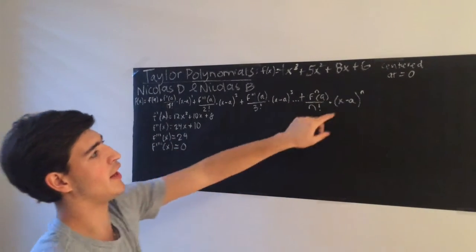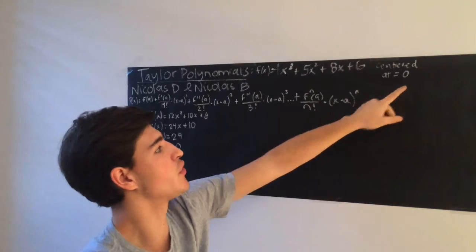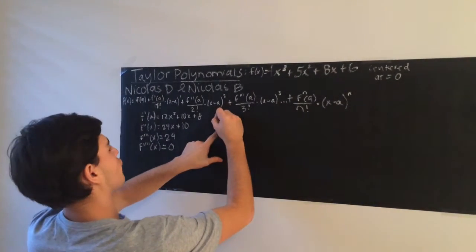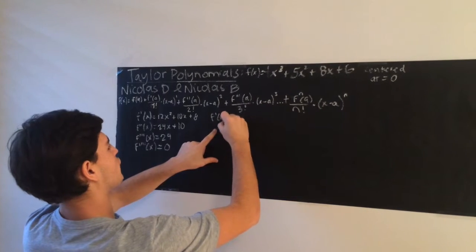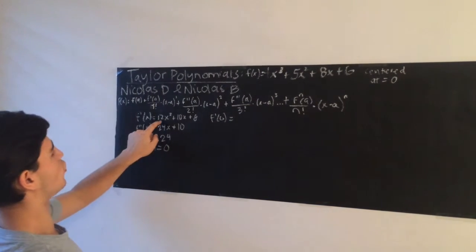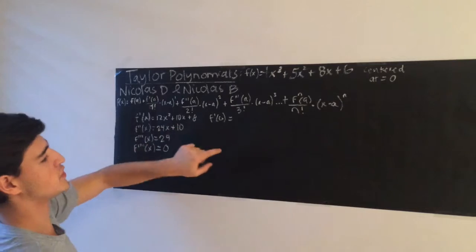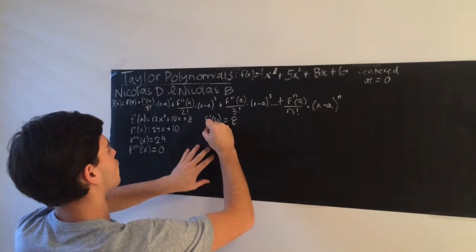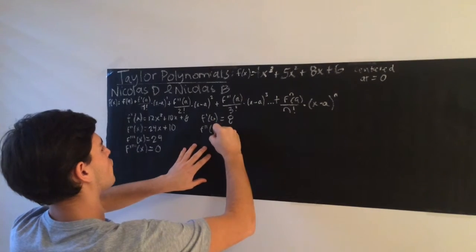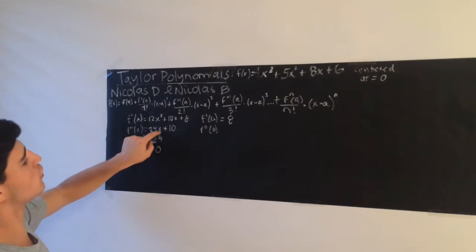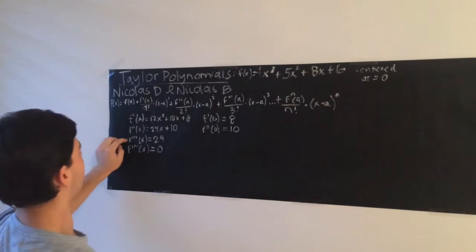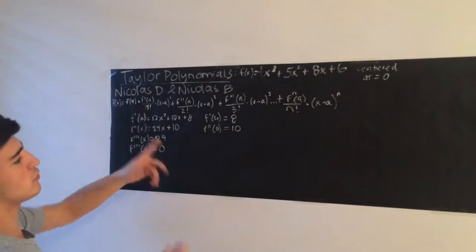Now we need to plug in our center point, so 0, in each of these equations. First derivative of 0 equals 12 times 0 plus 10 times 0 plus 8, so 8. Second derivative will be 24 times 0 plus 10, 10. Third derivative will be 24.